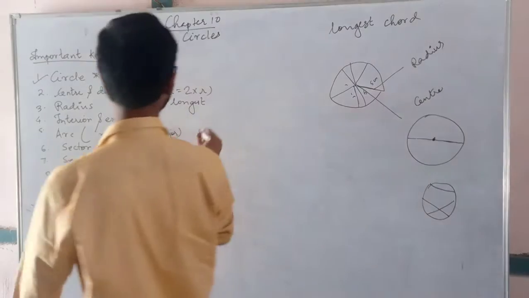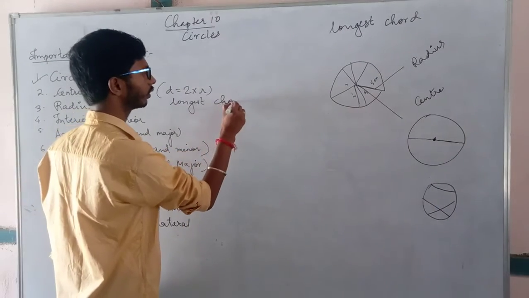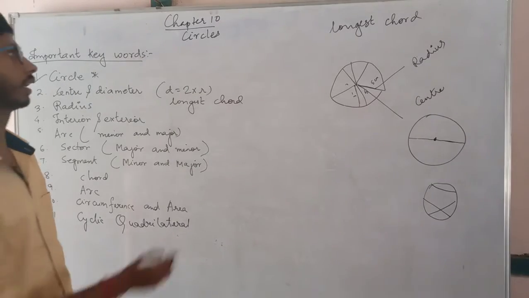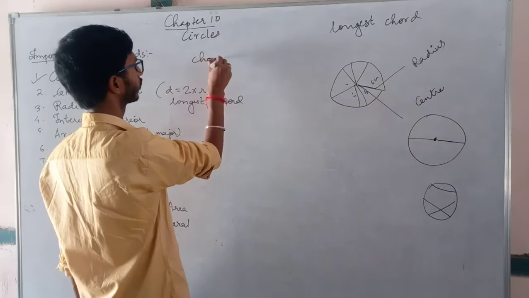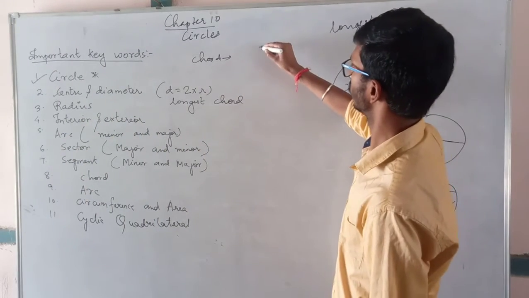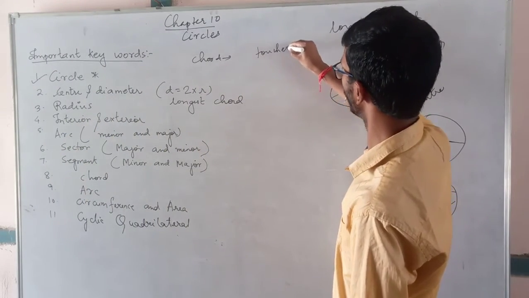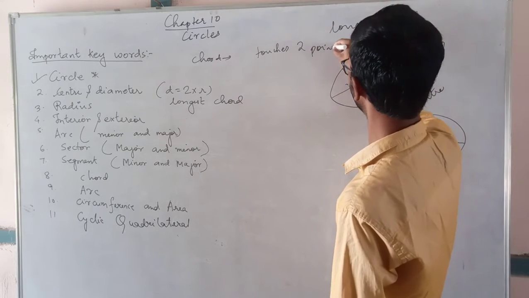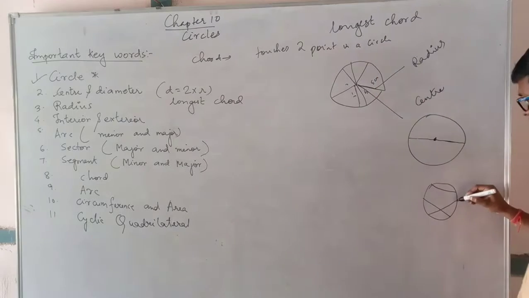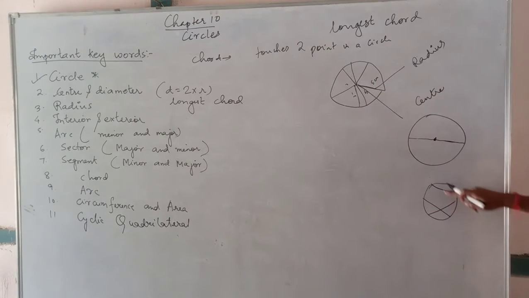And what is chord? A line segment which touches any 2 points in a circle is called as the chord, and the longest chord is the diameter.